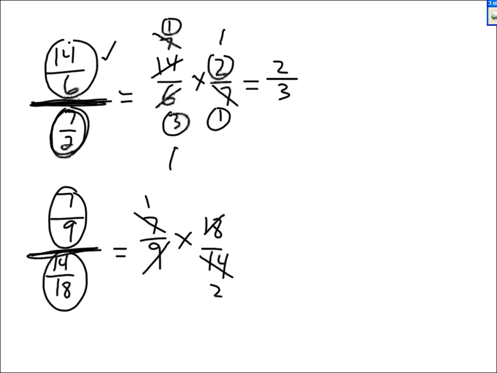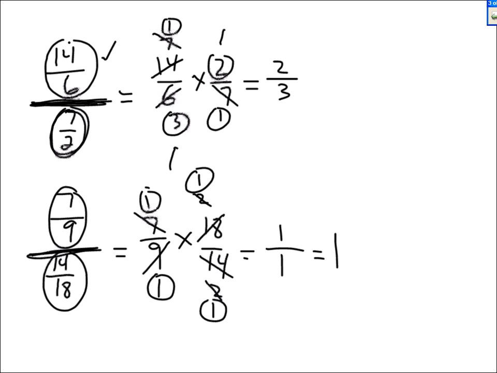And 9 goes into both of these numbers 1 time and 2 times. And 2 goes into both of these. Every time I said both of these, 1 was from the top, 1 was from the bottom. 2 goes into 2 1 time, 2 goes into 2 1 time. 1 times 1 survive, which is 1 on top. And the bottom, 1 times 1 survive, which is 1. 1 divided by 1 is 1.